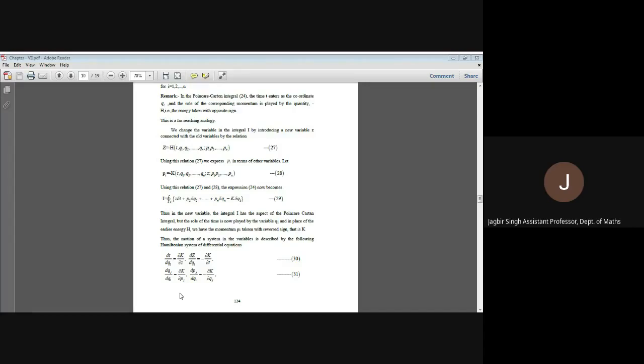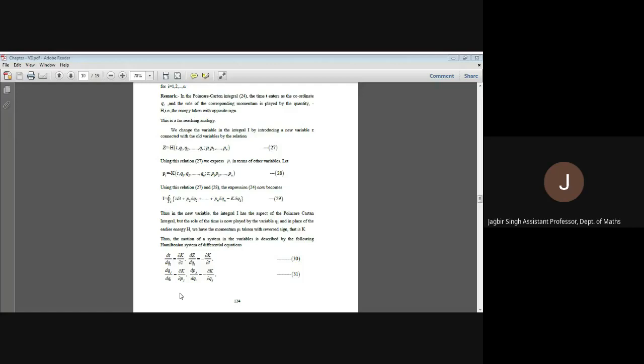So in Hamilton canonical equation, t is replaced by q1 and H is replaced by k. In equation number 31, the variable j varies from 2 to n. So total 2n minus 2 equations are covered.